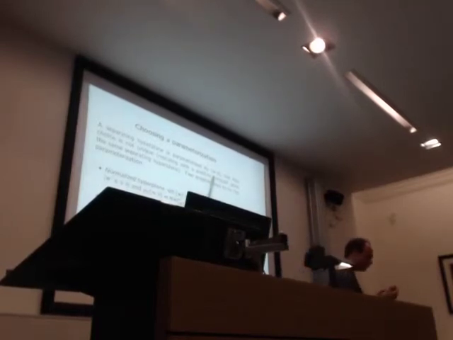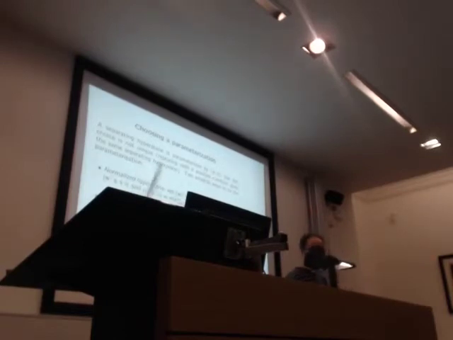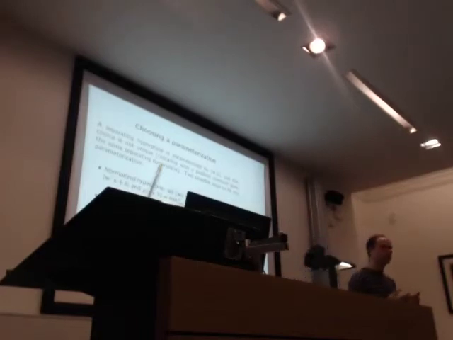So the weight vector and the threshold B. But this choice is not unique, right? Because if you scale this pair by a constant, you have the same separating hyperplane. So basically, this notion of separating hyperplane is invariant to scaling by a constant.